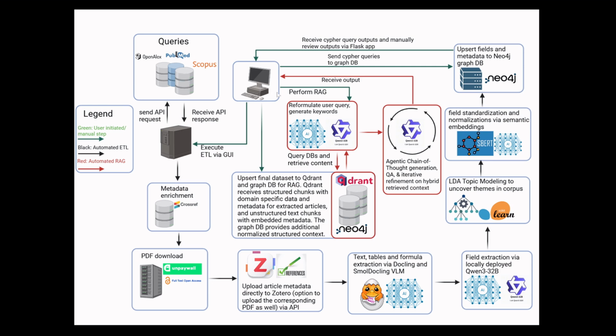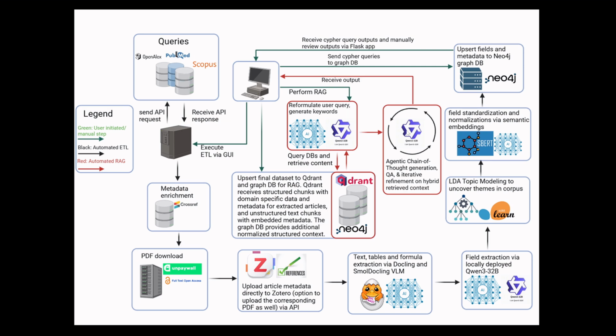You send a query to your LLM. The LLM reformulates the query and generates keywords. Then those keywords and the reformulated user query are used by the system to find the best matching chunks.